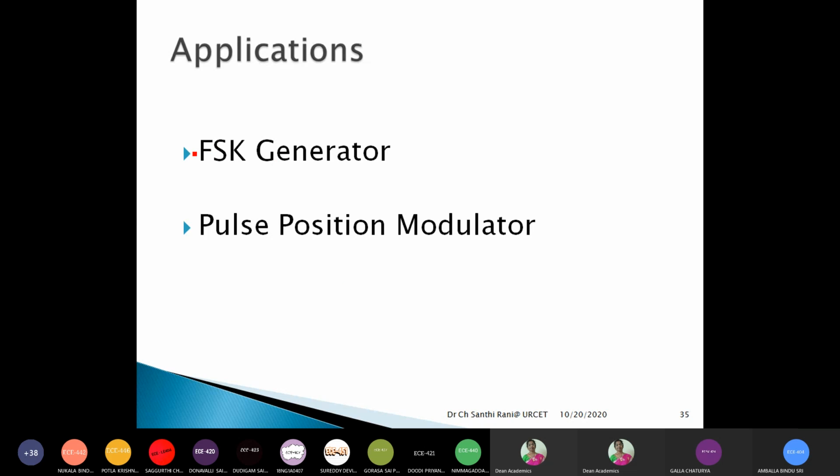One is as an FSK generator, that means a frequency shift keying generator. The second one is a pulse position modulator, right? For these two applications the 555 timer can be used very widely, and there are many other applications also. These are some main applications when the 555 timer is connected in astable mode.